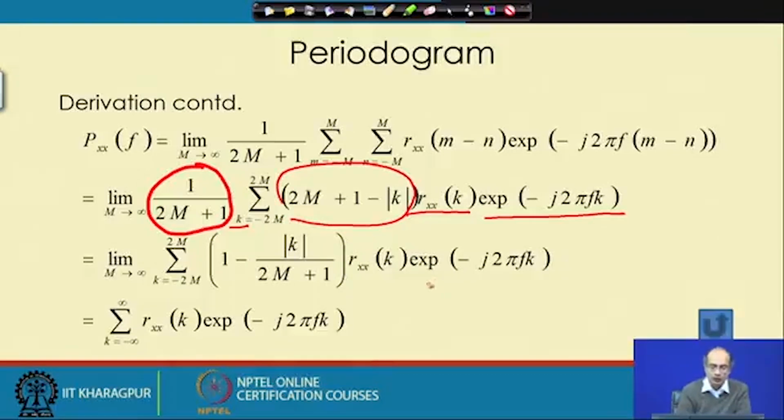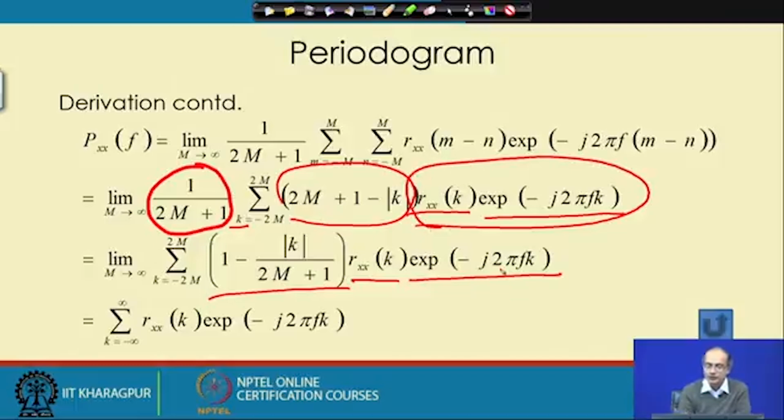Okay. So, we get a new scaling here 1 minus mod k divided by 2m plus 1, and we get here that r x x k times exponential minus j 2 pi f k. Now, if we look from here itself, that this term looks very similar to our autocorrelation function. In fact, this is the autocorrelation function of the signal, and this is taking the kernel of the Fourier transform. So, we already got somewhere near.